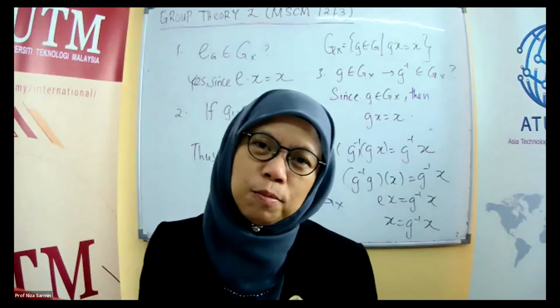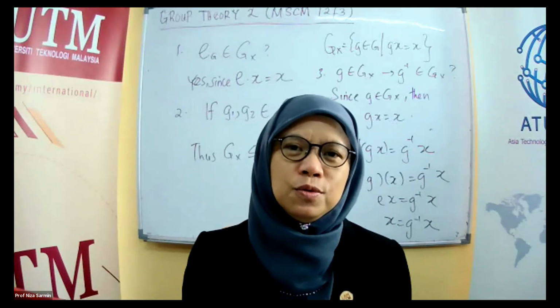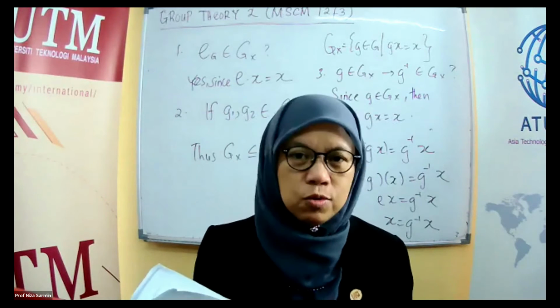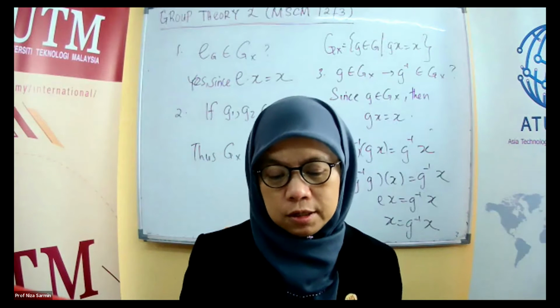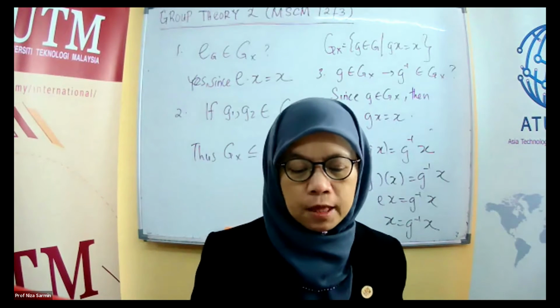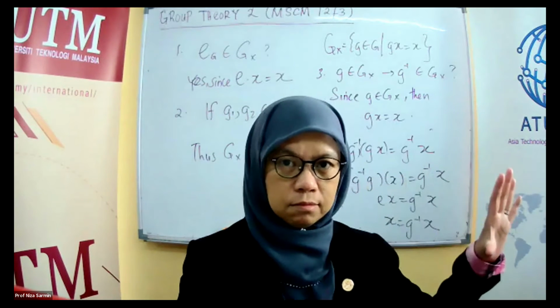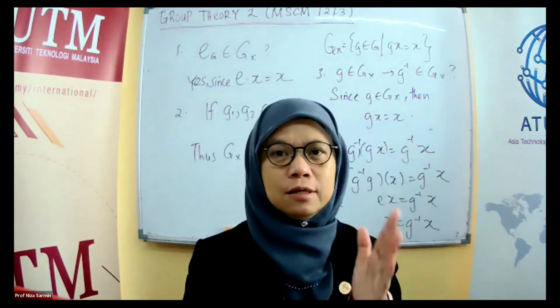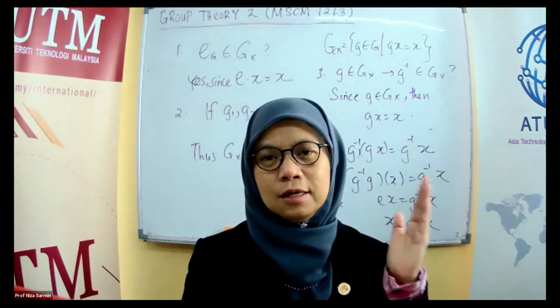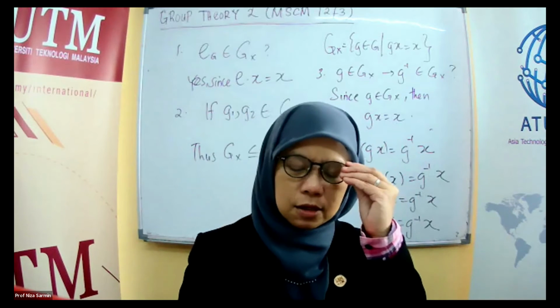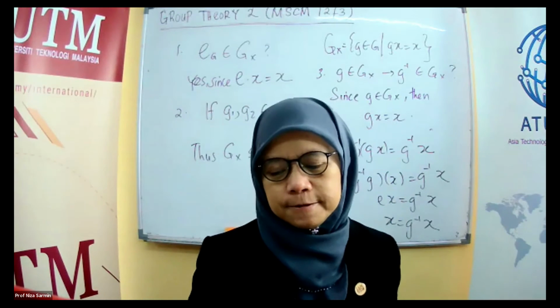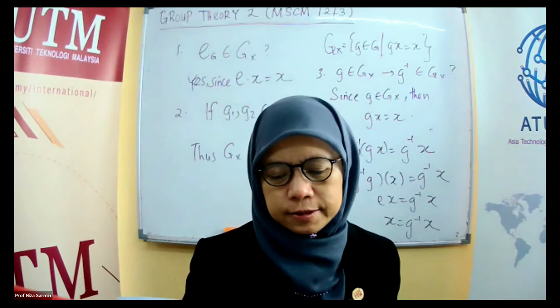If you don't remember, go back to previous semester or what you have learned before about orbit. I mentioned about orbit in theory 1. We have a set, then you partition into orbits. Then it is also an equivalence relation. Okay, the orbit of x.